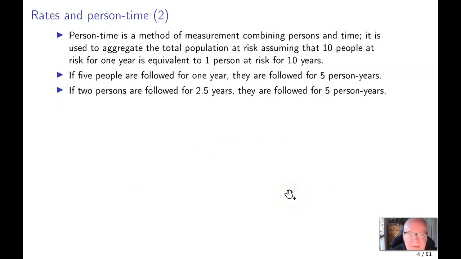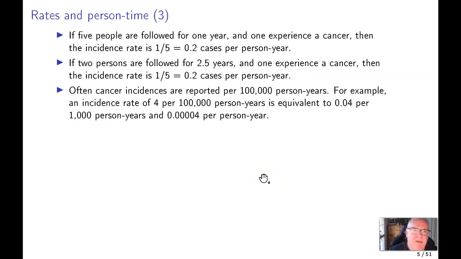Person time is a measurement combining both persons and time, and it's used to aggregate the total population at risk. For example, if 5 people are followed for 1 year, then this is 5 person years. Or if 2 persons are followed for 2.5 years, then this is also 5 person years. If 5 people are followed for 1 year and 1 person experiences cancer, then the incidence rate is 1 divided by 5: 1 cancer per 5 person years at risk.